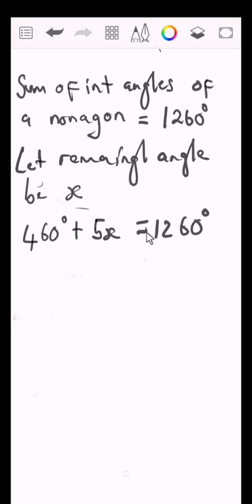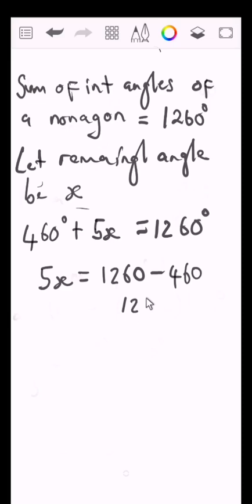So in this equation we need to make x the subject of the formula. This 460 we move to the right hand side, so 5x is equal to 1260 minus 460. So let us calculate this. We are saying 1260 subtracting 460, then it's 0, 0, 4, 5, 6, 7, 8, 9, 10, 11, 12.